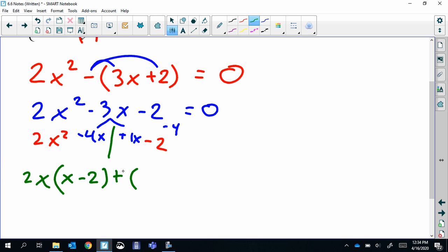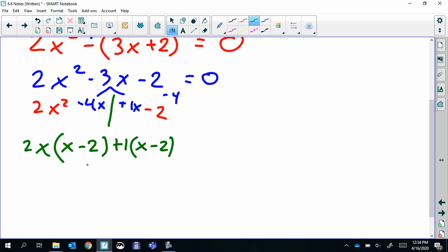There's no common factor here to factor out, so you can put a 1. And now our parentheses match, which is our requirement for factoring by grouping. We get 2x plus 1 as the front factored out terms, and then x minus 2, the parentheses that match. So that is now factored.